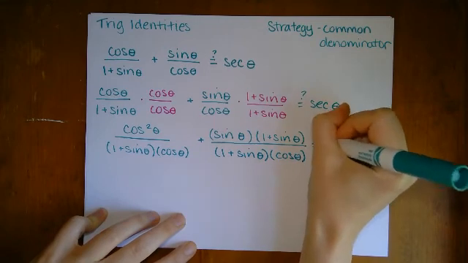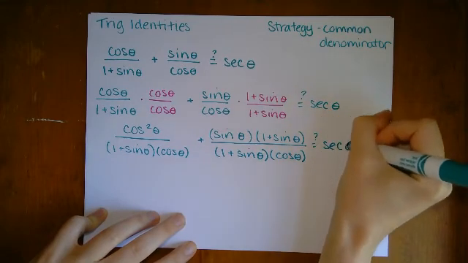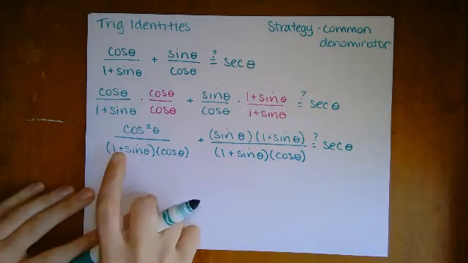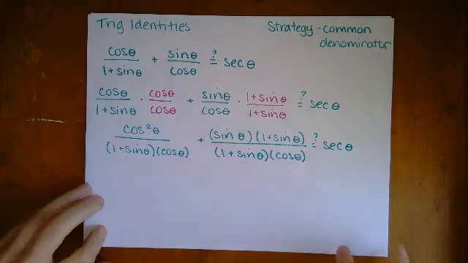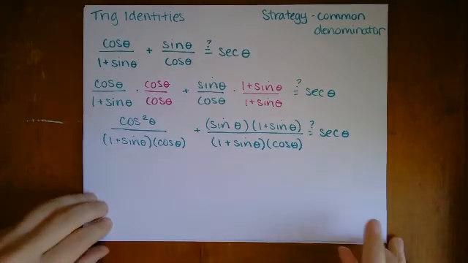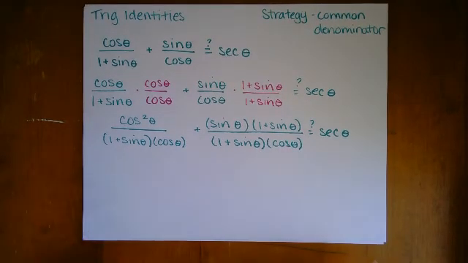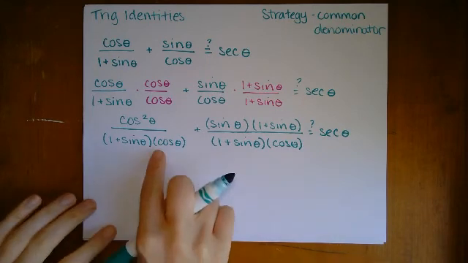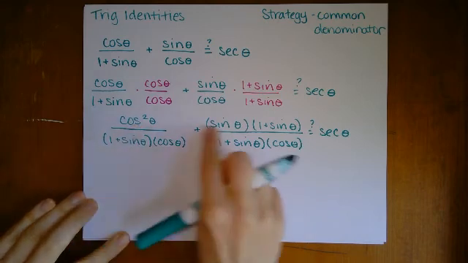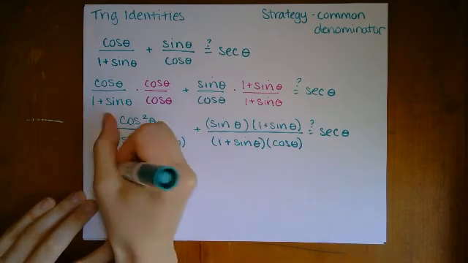So now we have what we were looking for, which is a common denominator. Both denominators are 1 plus sine theta times cosine theta. Again, still haven't really done any trigonometry, still just doing our fractions. Okay, the next step when you're adding two fractions together is that you keep the denominator the same and you add the numerators.